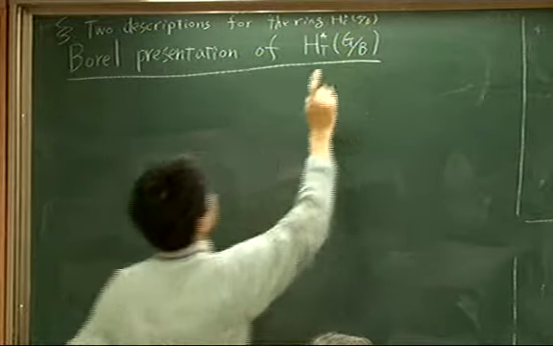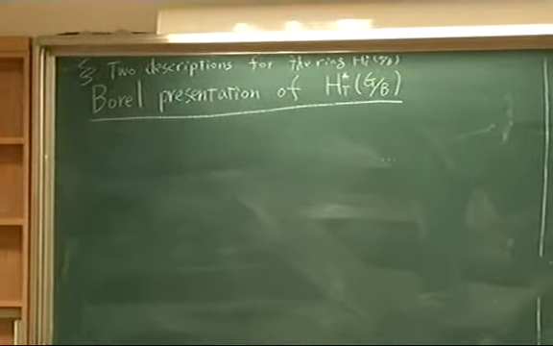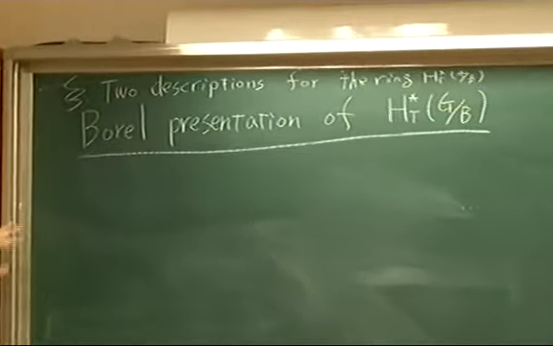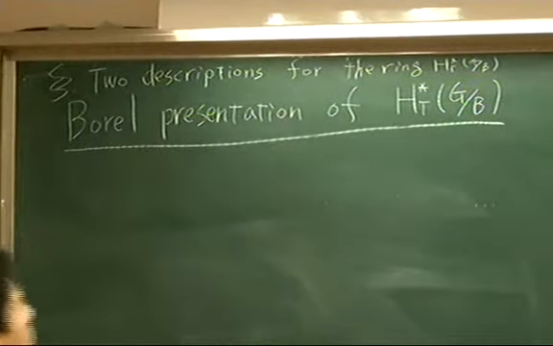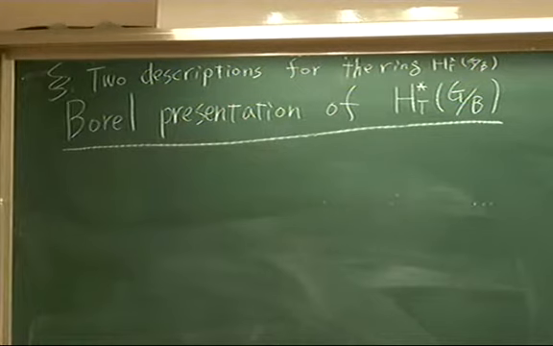So I will give two descriptions of equivariant cohomology. The first one is the Borel representation, which corresponds to the polynomial representation in the ordinary case.